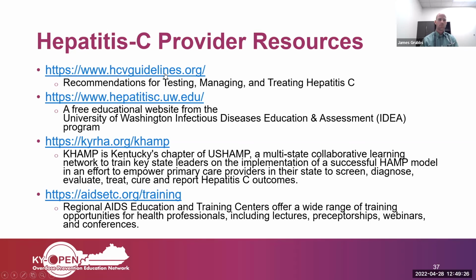There's also an educational website that's a national curriculum for hepatitis C, out of the University of Washington. Similarly, they also have a national curriculum for HIV. It's all web-based and goes through what the guidelines say in slide format, helping to educate electronically.